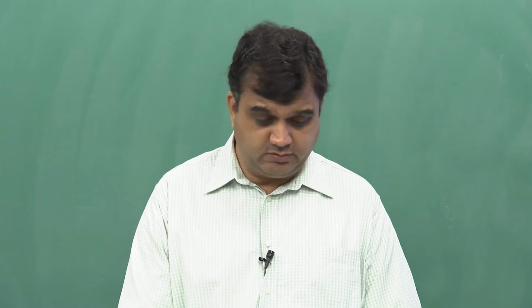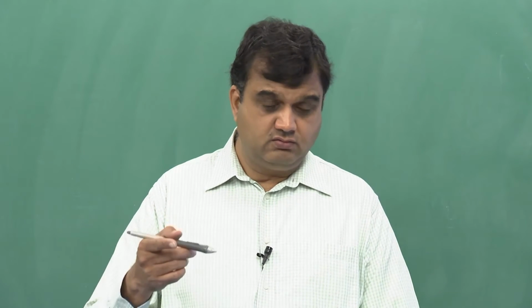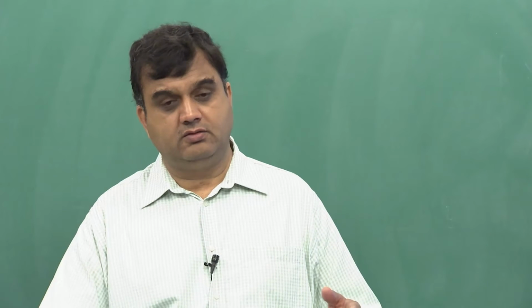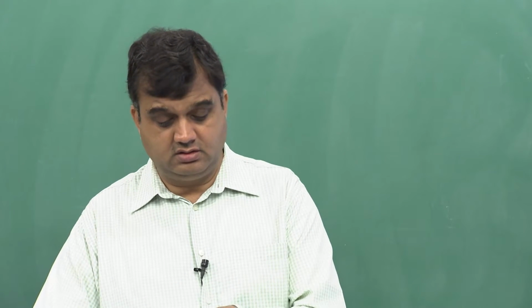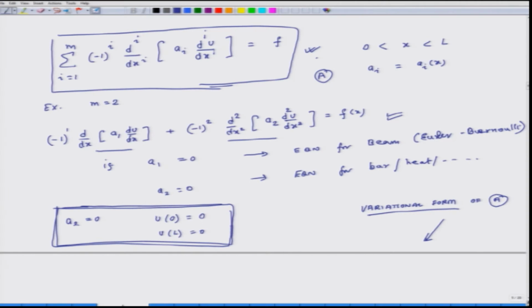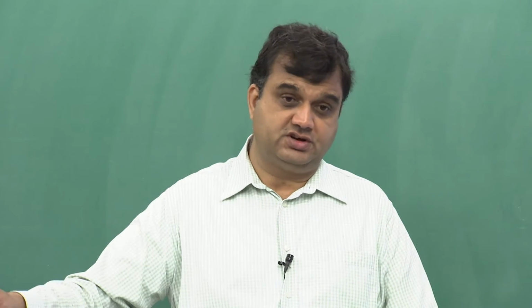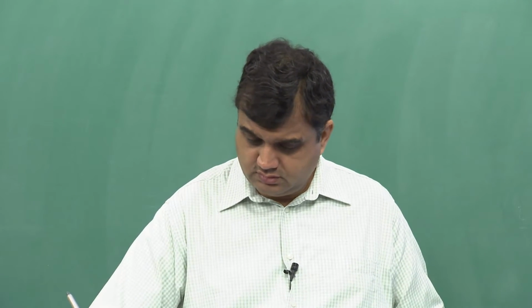So, we will multiply this by v, and we will integrate it over the whole domain, and we will also see that the differentiability on u is either of second order or of fourth order. So, we will weaken the differentiability and shift some differentiability to v. That is what we will do.